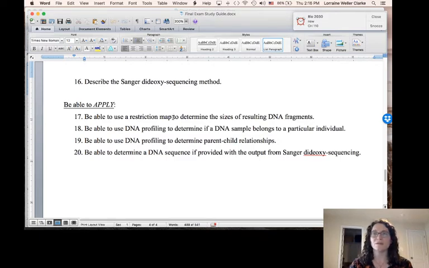So remember, you have 2 chromosomes that have those short tandem repeats. So your mom has 6, your dad has 12, and you're going to have both of those lengths on the actual blot. And if your mom shares one with you and your dad shares one with you, then you can identify them as parents. Okay.